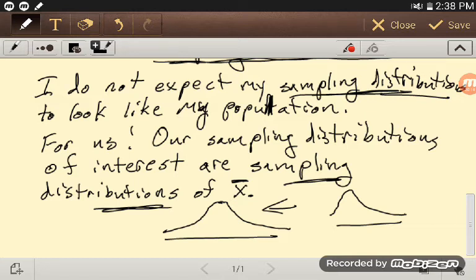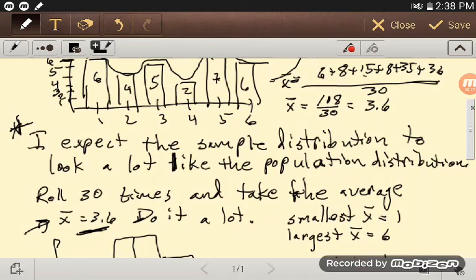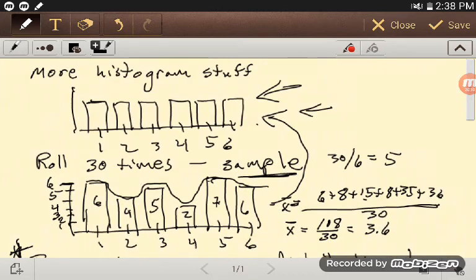Most of what we will work with, we want that hump very much in the middle. So this is the sampling distribution we're going to look at, almost exclusively the sampling distribution of X bar. Again, very different in this case from the population distribution.